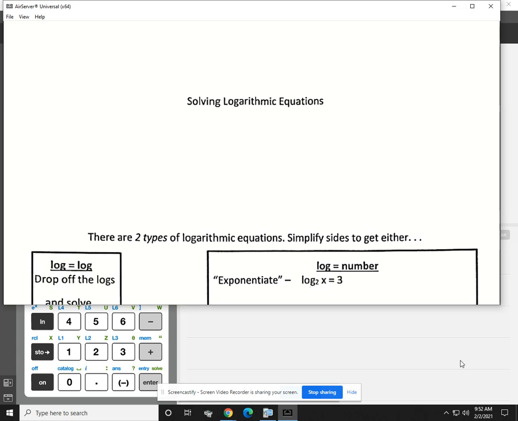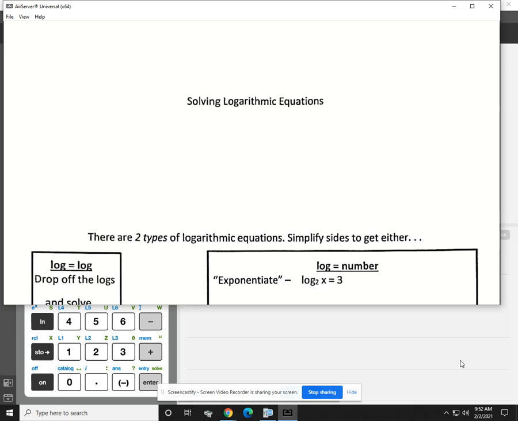We did the method where we created those bases to be the same. If it was 5 to an exponent and 5 to an exponent, what could we do with those? We could drop off the bases, and then we could solve. You took a quiz over it and everything.